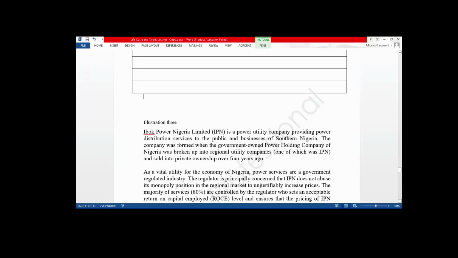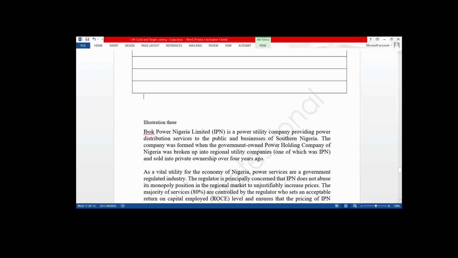As a vital utility for the economy of Nigeria, power services are a government-regulated industry. The regulator is primarily concerned that IPN does not abuse its monopoly power in the regional market to unjustifiably increase prices.